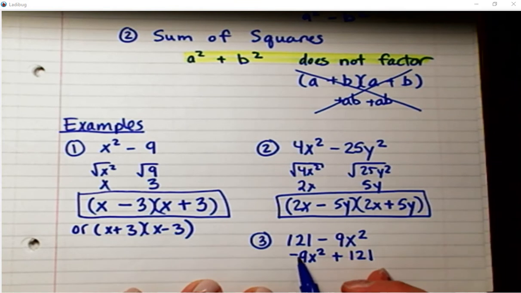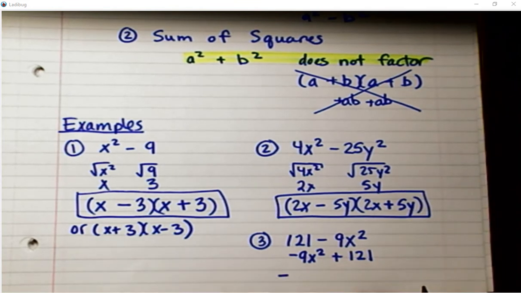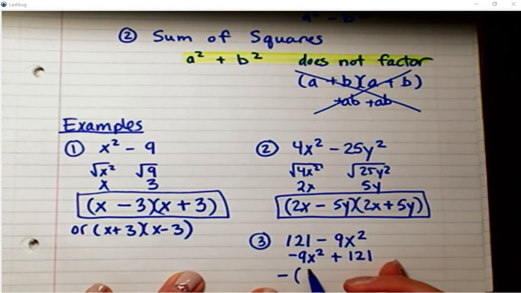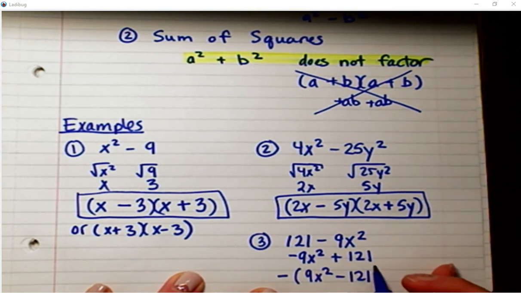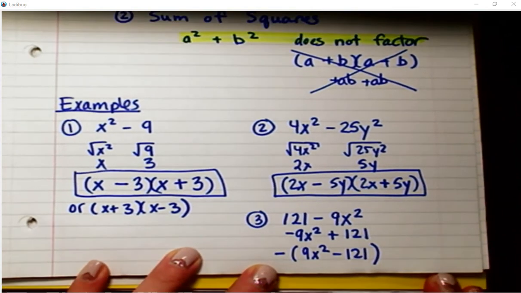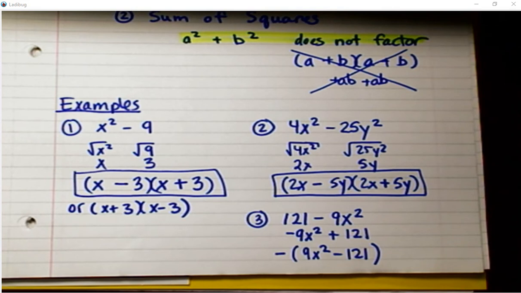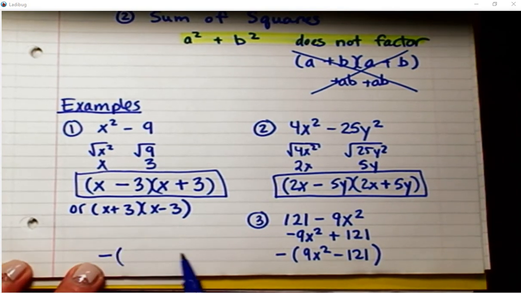I'm going to see this negative. I'm going to take the greatest common factor of a negative out front because I want to start with a positive number. Oh, there's my difference of squares. Okay, so negative.